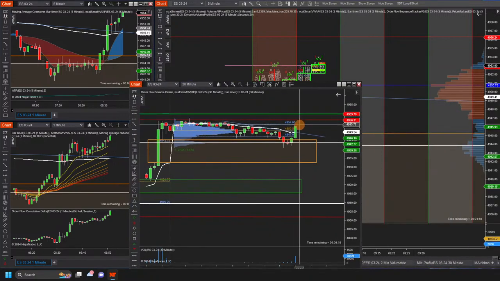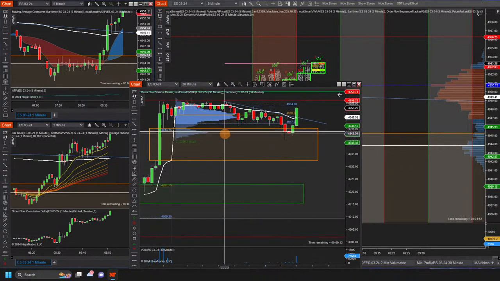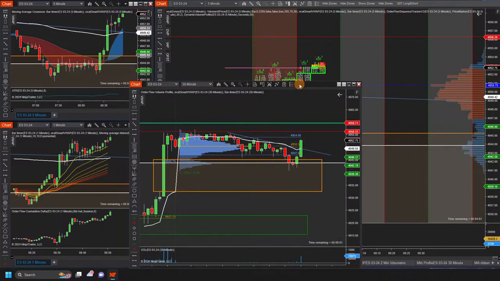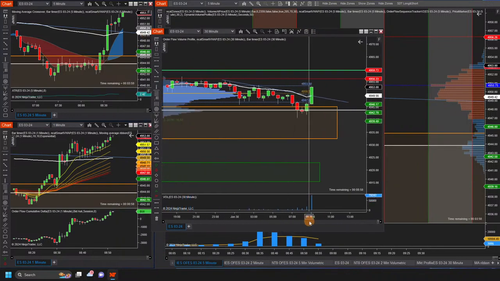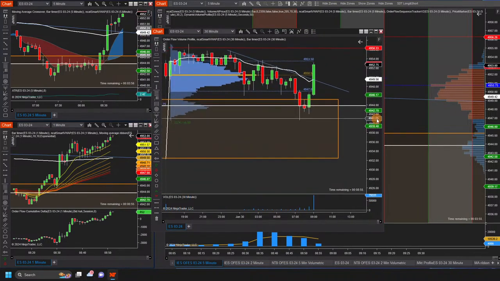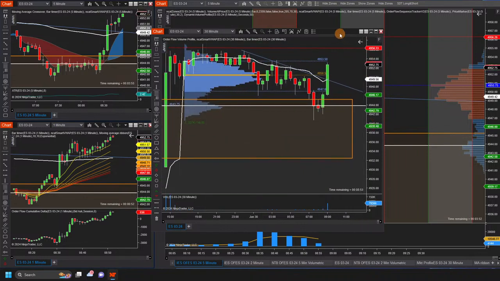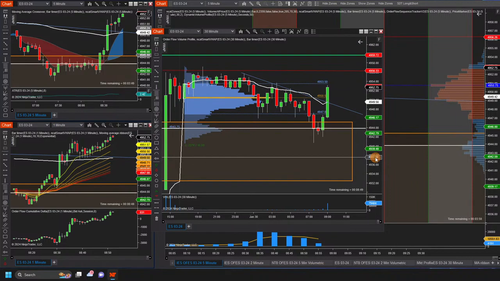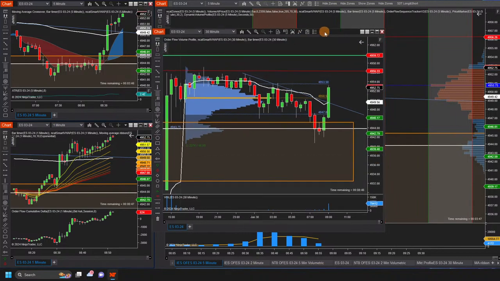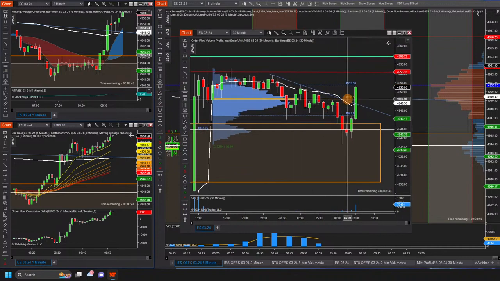All right, so now we're attacking current value area high on this D-shaped profile. Let's see if we can build some value up here. Delta's building to the positive side now.